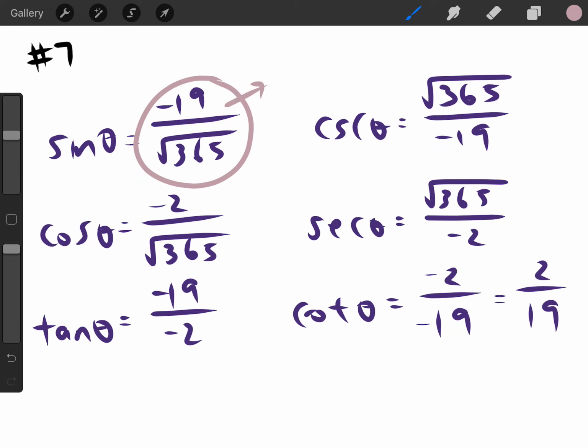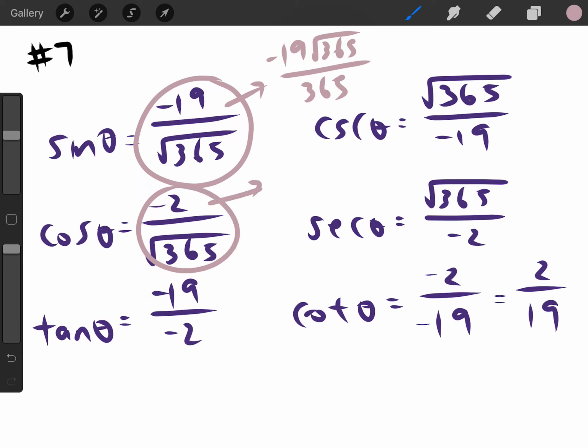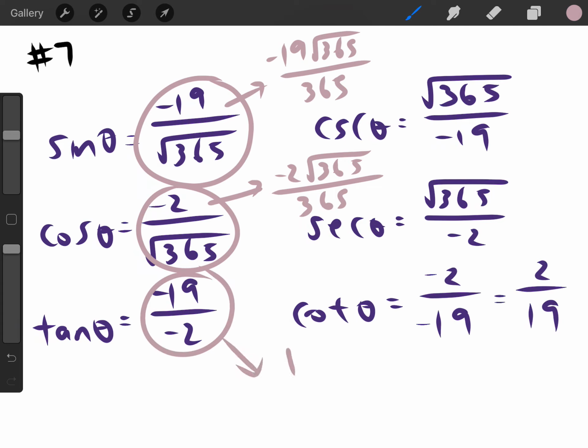You should come up with -19 rad 365 over 365. This one is going to be negative 2 rad 365 over 365. And for this one, make sure that 2 negatives make a positive, so 19 over 2. Okay, that's good for number 7.